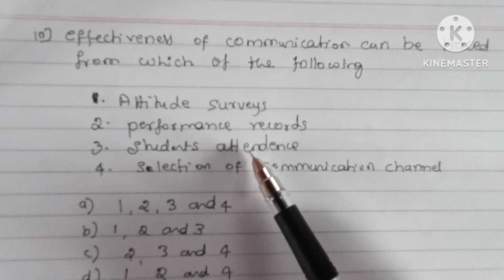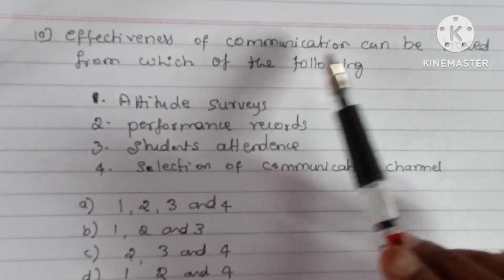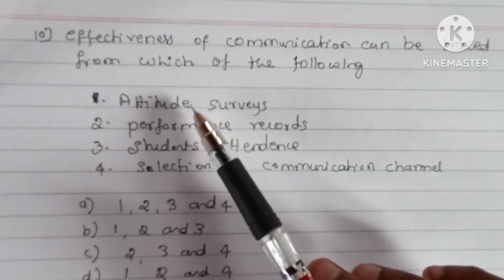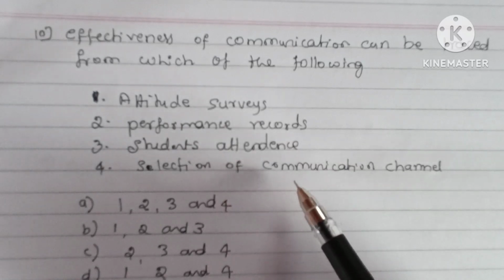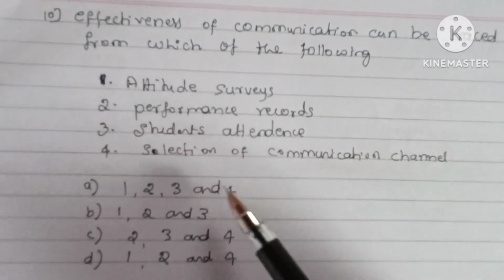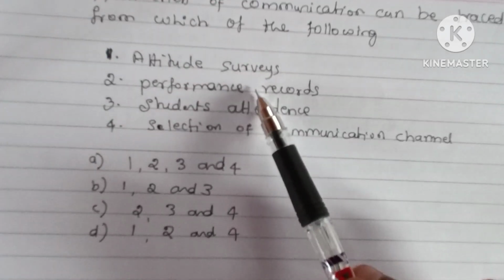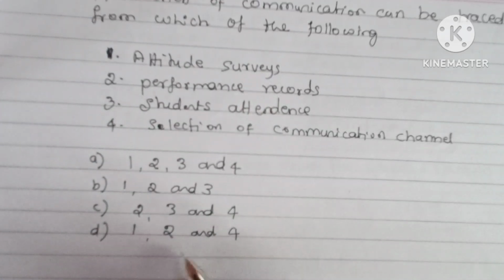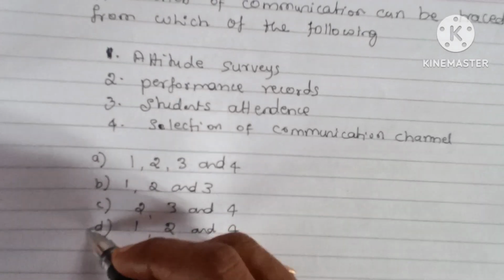Through this the parents or teachers can take improvement decisions, but the effectiveness of communication is traced only through the attitude surveys, performance record, selection of communication channel. So in the options, 1, 2 and 4, it means option D is the right answer.